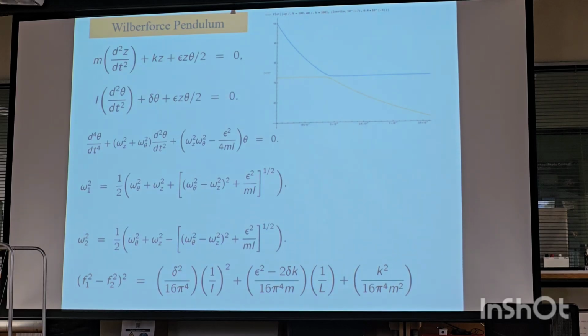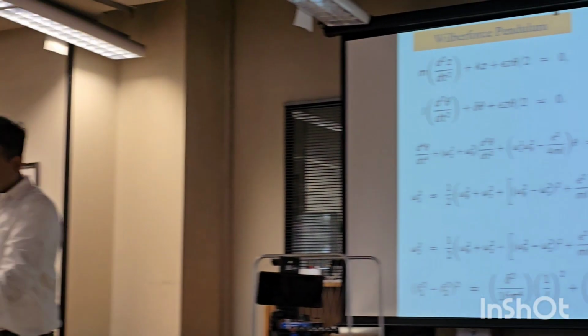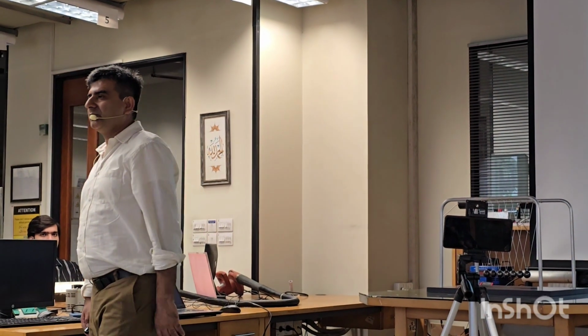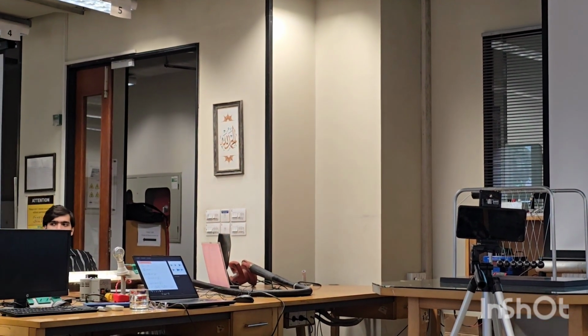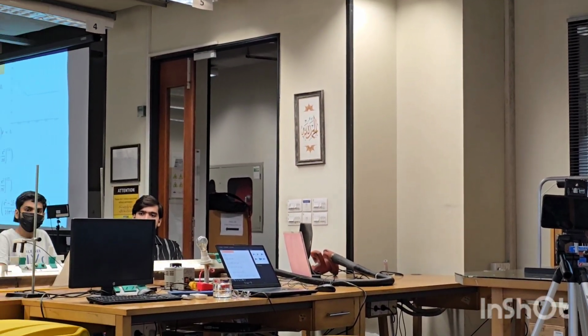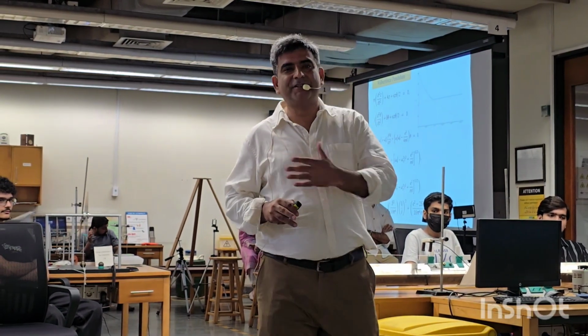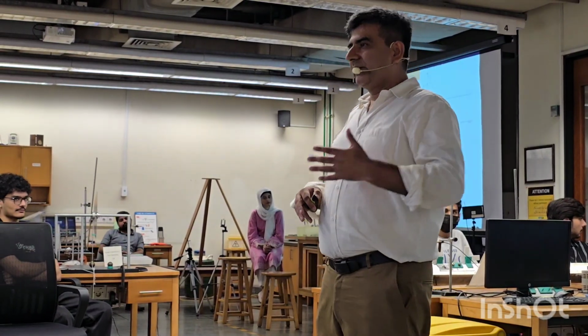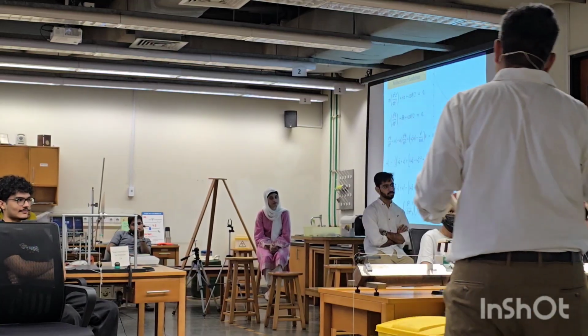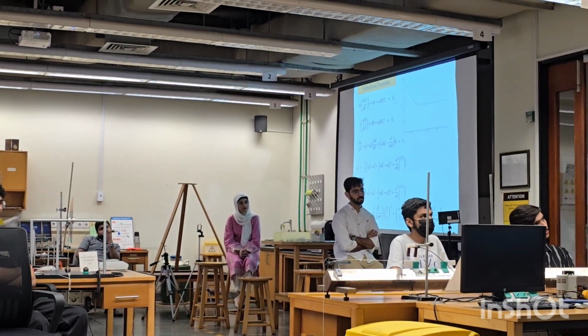One is its oscillation, or compression or tension, and the other is its torsion. These are two different degrees of freedom, and they're coupled to one another. A simple linear harmonic oscillator just moves along a single degree of freedom. Now this has two degrees of freedom that are coupled with one another.